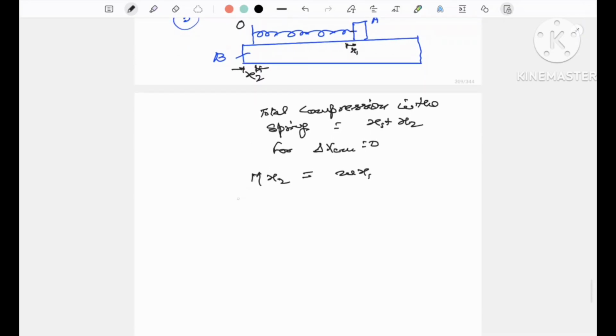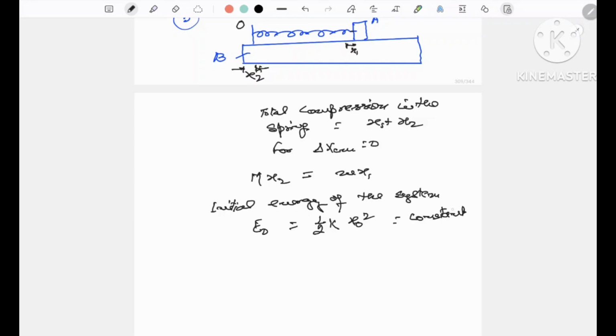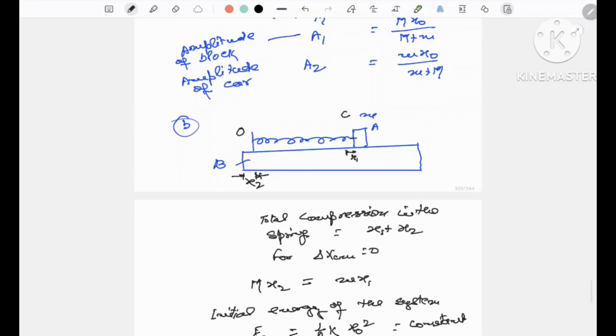The initial energy of the system, E dot, is half k x dot square, and that is constant. In this particular condition, the velocity of A is v1 and the velocity of B is v2.